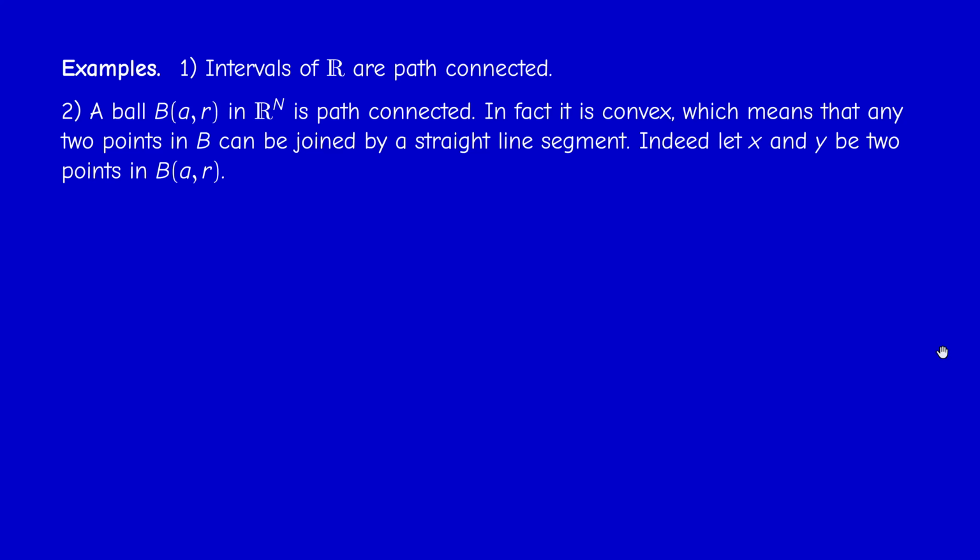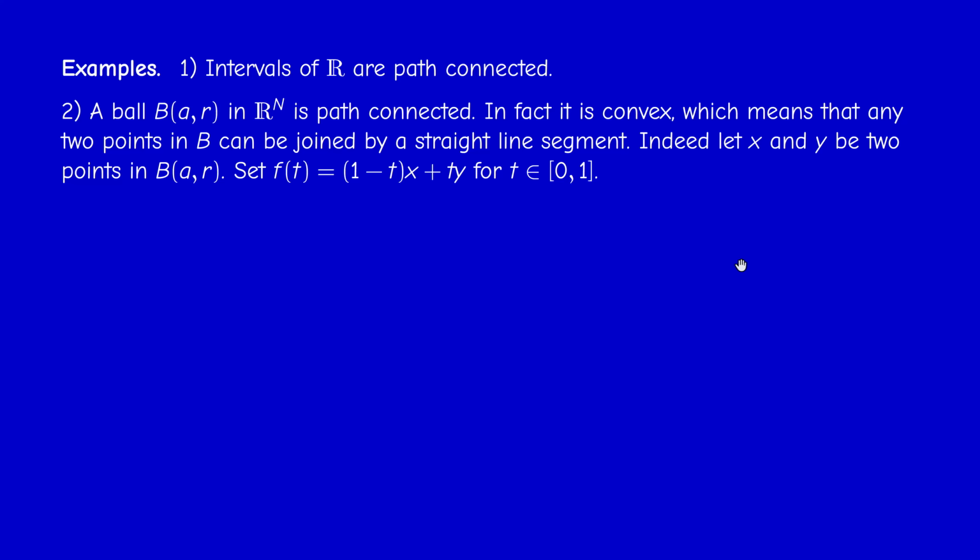If you have 2 points x and y in a ball of center a and radius r, we just take what we call the straight line path, which is f of t equals (1 minus t)x plus ty. When t equals 0, f of 0 is x, and when t equals 1, f of 1 is y. So it's this what we call the straight line path joining x to y.